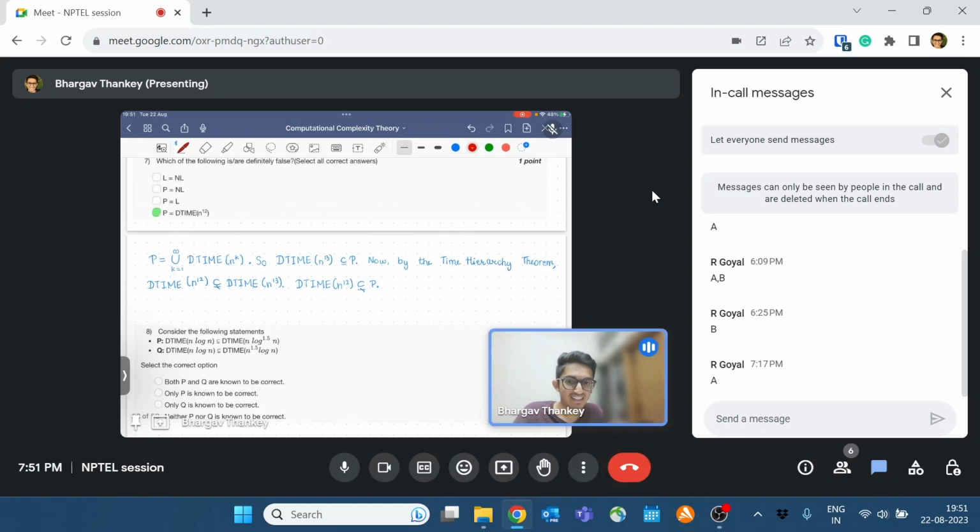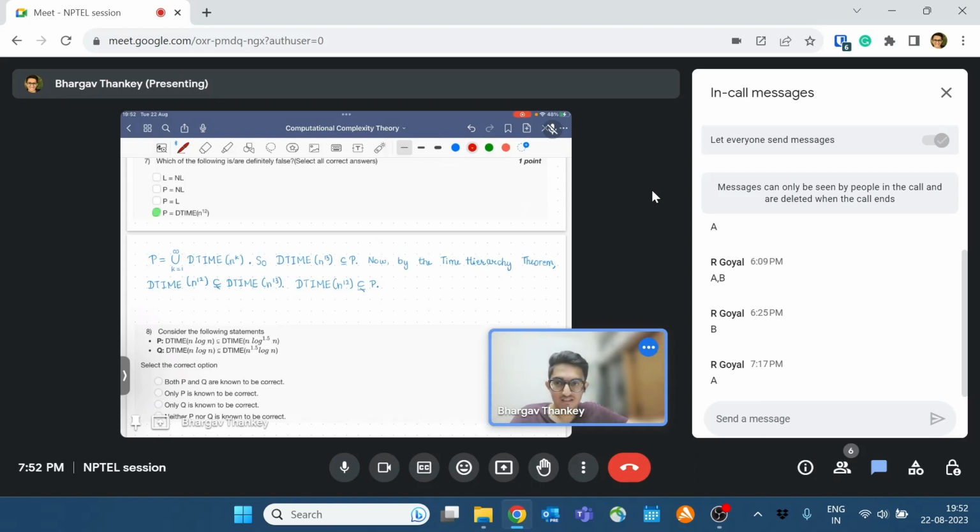Not necessarily, right? Because what you can do is create a sequence of languages, let's say L1, L2, L3, and so on, such that to reduce L1 to 3-SAT you need order n time, to reduce L2 to 3-SAT you need order n squared time, and so on.